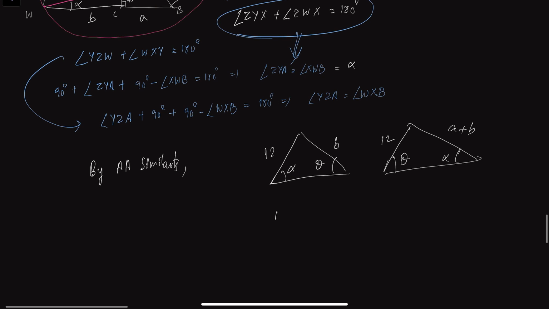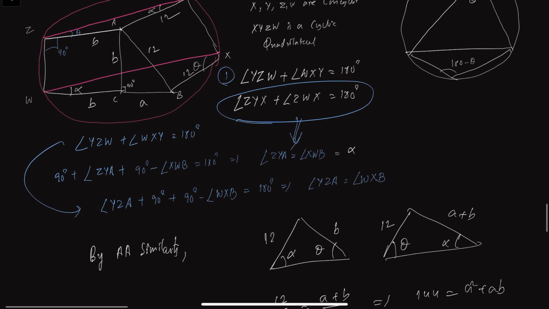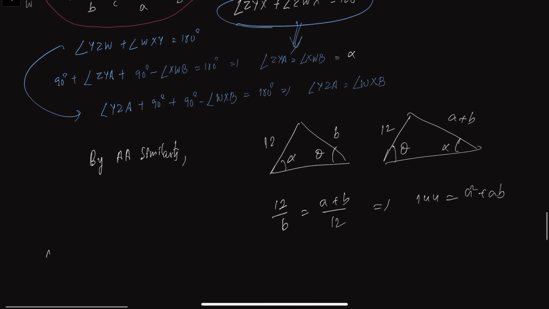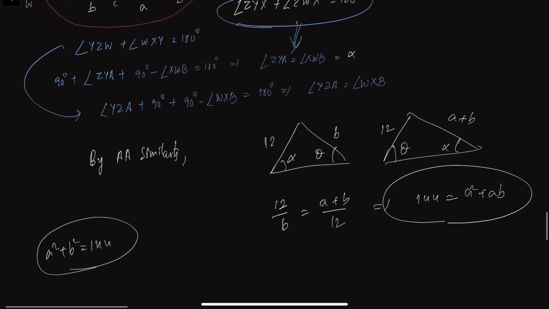So 12 by B is A plus B by 12. That means 144 is A square plus AB. We also have the hypotenuse length as 12, so A square plus B square is 144, and A square plus AB is 144.